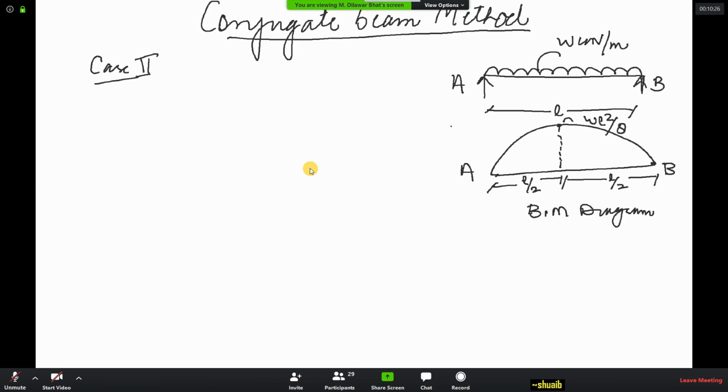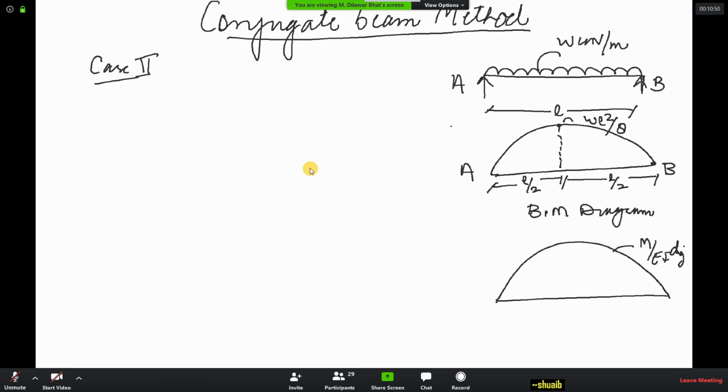Now, from the bending moment diagram, you have to formulate one more diagram, which is called the M by EI diagram, similar to the diagram you proposed for the bending moment diagram.